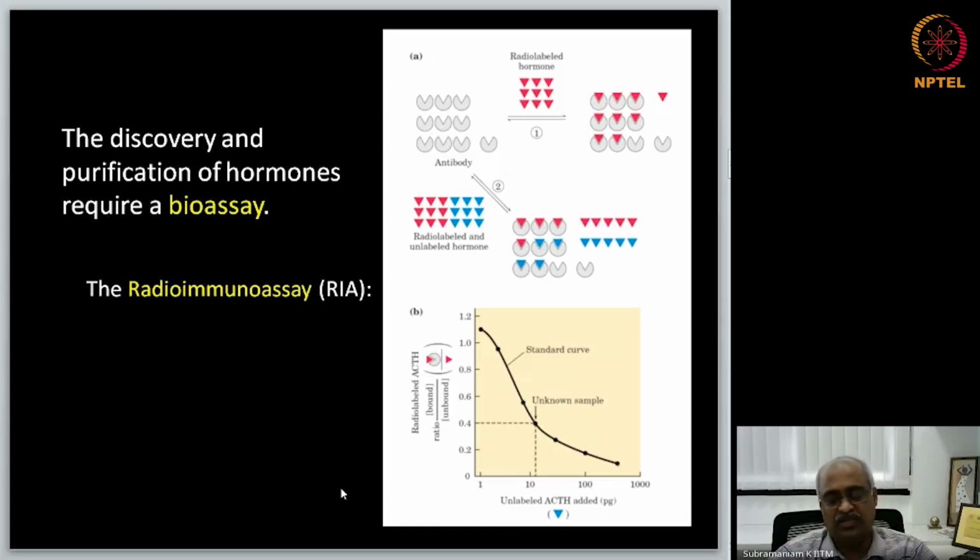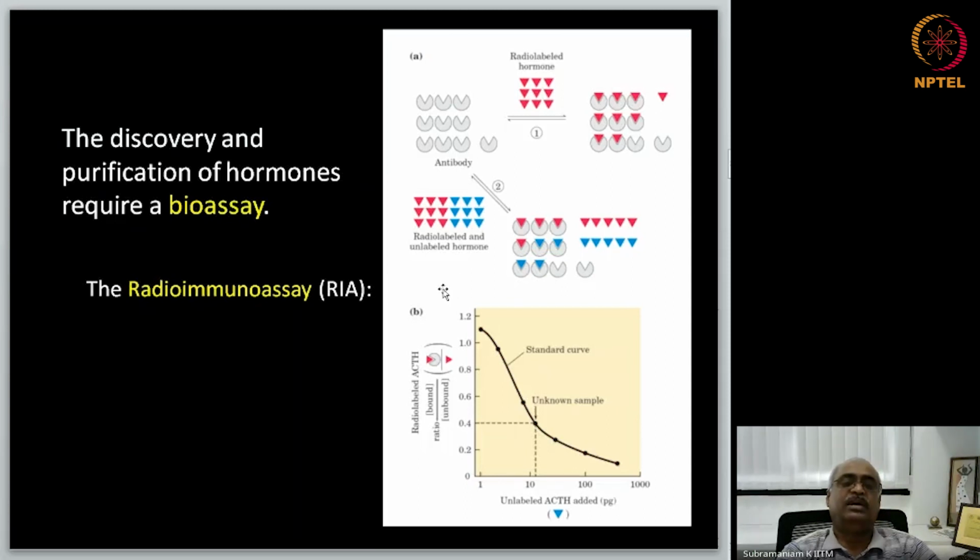Then you check the glucose level in the blood. So we learned about the glucose oxidase reaction. When you find the glucose level is high, you want to know why. You want to find out whether the patient has a problem producing insulin. So you need to measure insulin. This radioimmunoassay helps you to detect that.